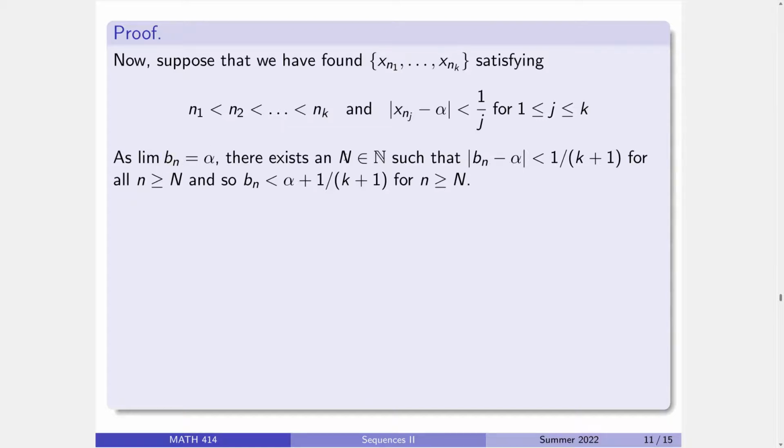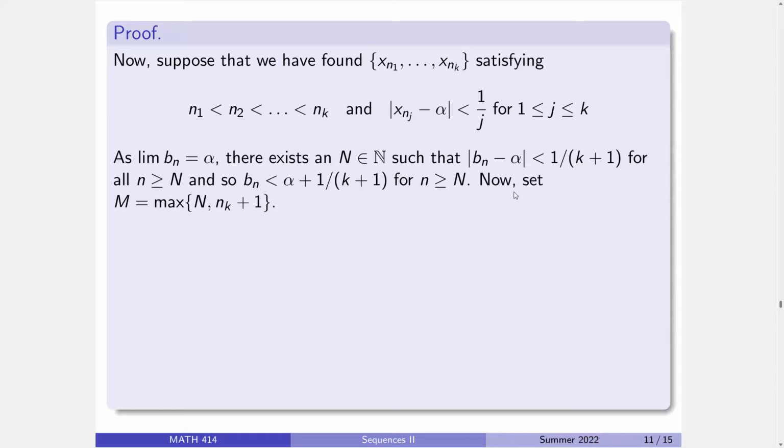So that means there is a capital N, so that the distance from b sub N to alpha is less than 1 over k plus 1. And note that this would then guarantee that b sub N minus alpha is strictly less than this, so we can add the alpha over. And it turns out this is what we really are going to need.